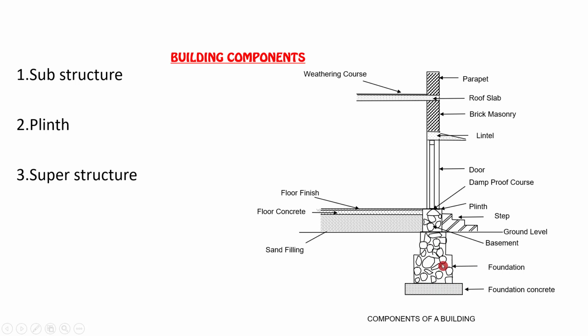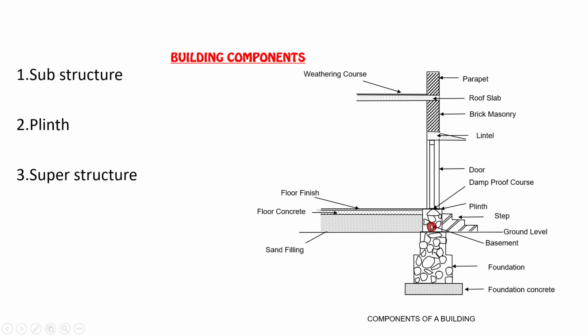Then we have the foundation. Normally we will provide a random rubble masonry, approximately around 60 centimeters to 1 meter in length. This foundation plus the foundation concrete is included in the substructure. Above the ground level, you have seen the steps in the previous picture to climb into the ground floor.